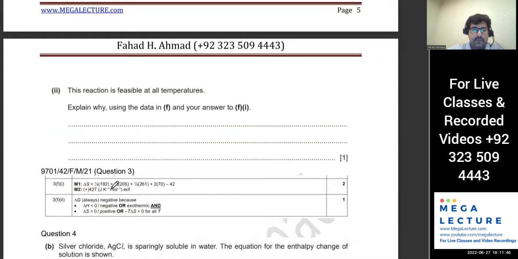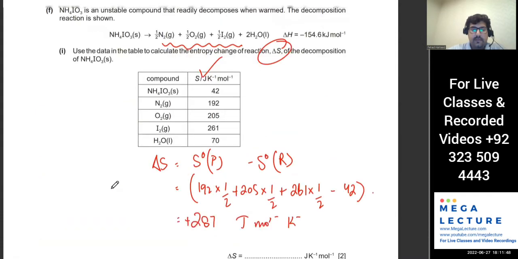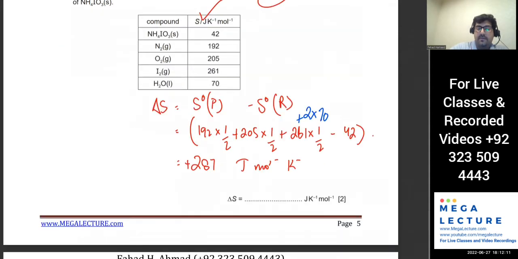Over here, you're getting 427. What's 2 into 70? I missed out H2O. I forgot to write H2O. Let me correct this error. In my products, I had 2 H2Os as well. So that's 2 into 70. So I'm going to get 427 for this. So products minus reactants.